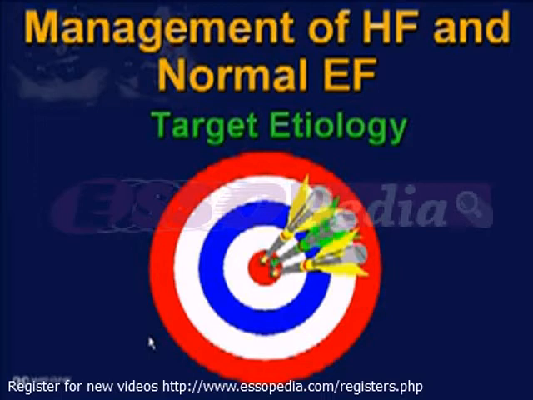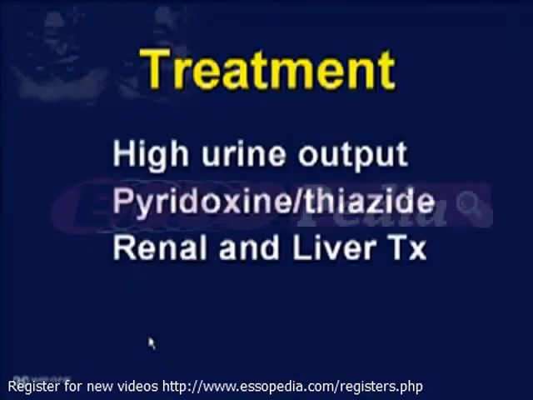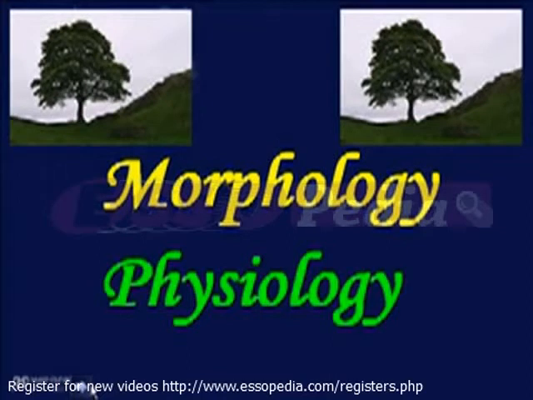If it's ischemic heart disease, we manage myocardial ischemia. And in this case, it was through the management of his oxalosis, increasing the urine output, and generally through liver and renal transplantation.